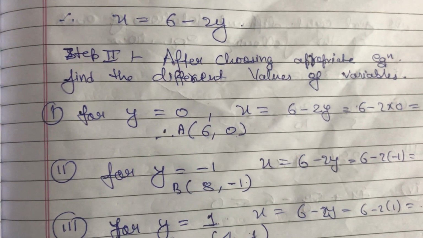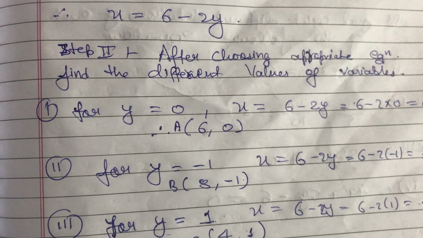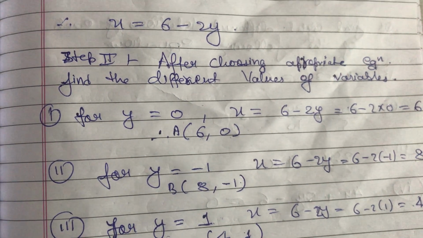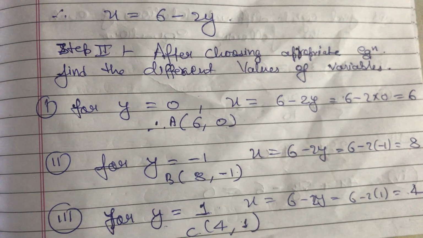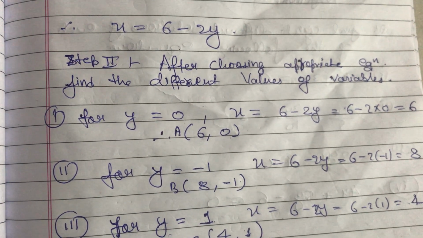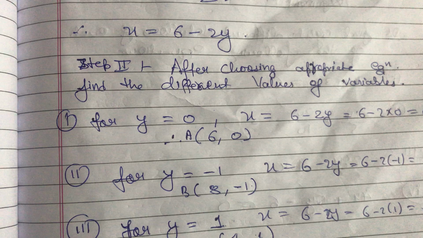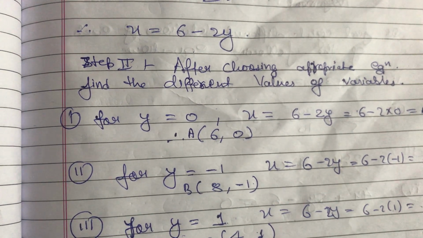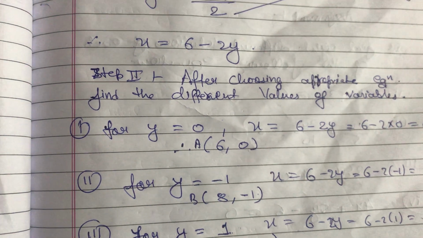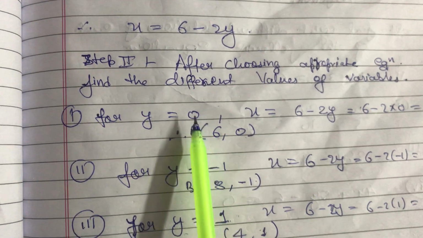So a small tip again I want to give you, which will help you throughout your life. Whenever you get a question in which you have to solve a linear equation graphically or any graph question, if you have to choose values, then I suggest that always take 0 is a must.